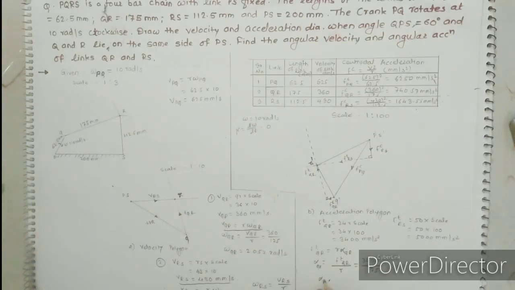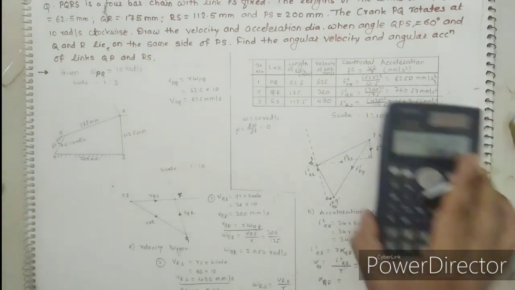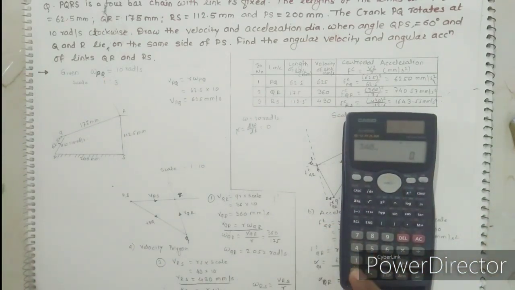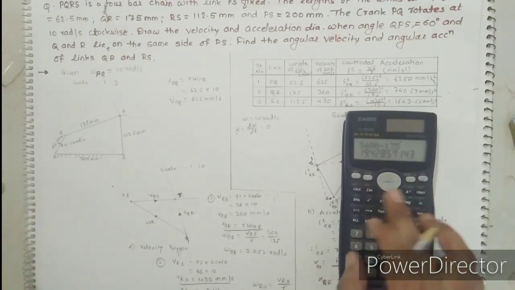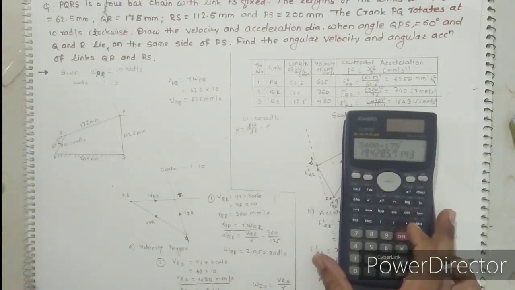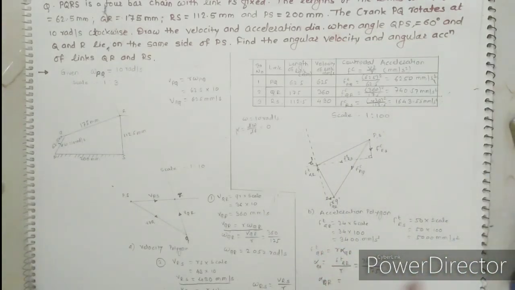Therefore alpha QR equals 3400 divided by 175, that is 19.43 radian per second square.